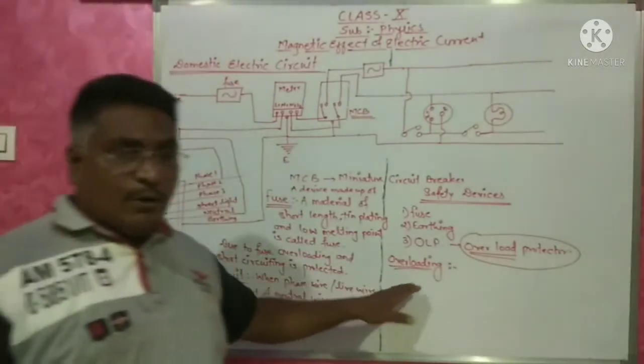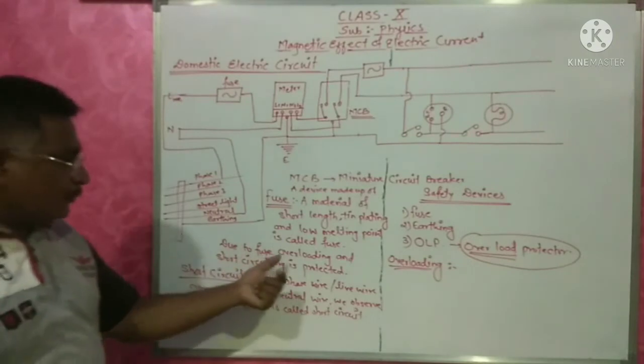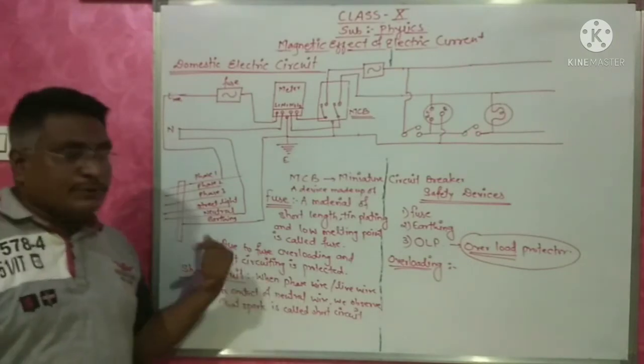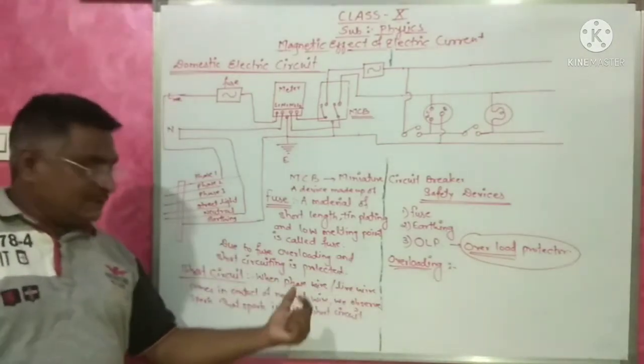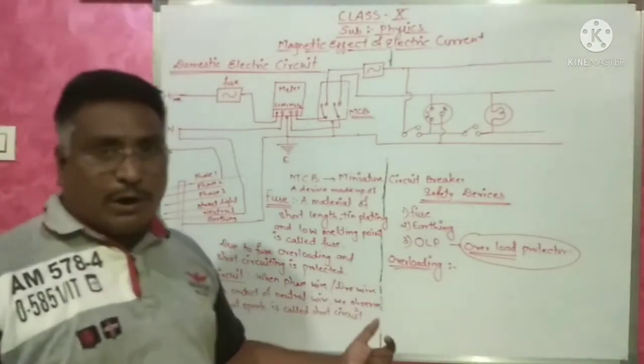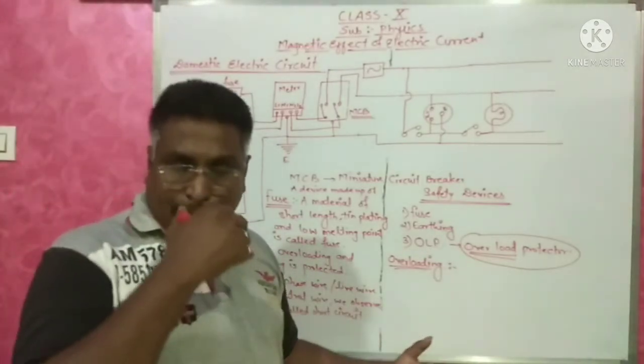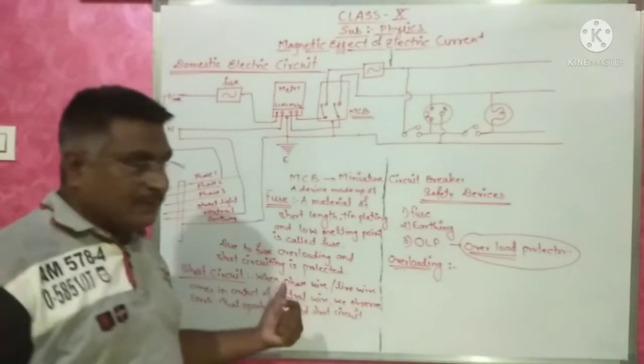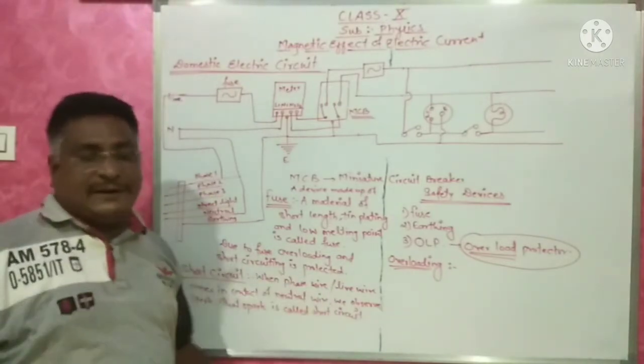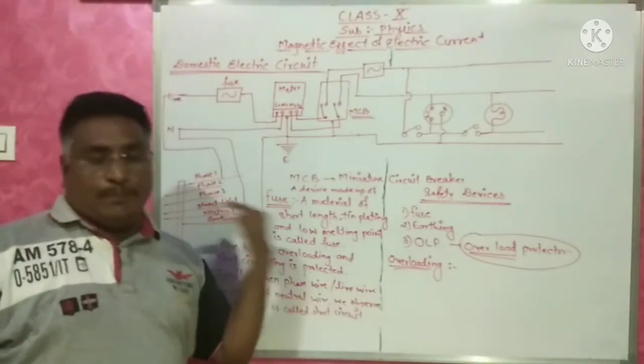So this overloading is also protected by a fuse. If a fuse is there, whenever short circuiting or overloading happens and extra current flows in the circuit, the fuse will melt and break the circuit and protect our home.